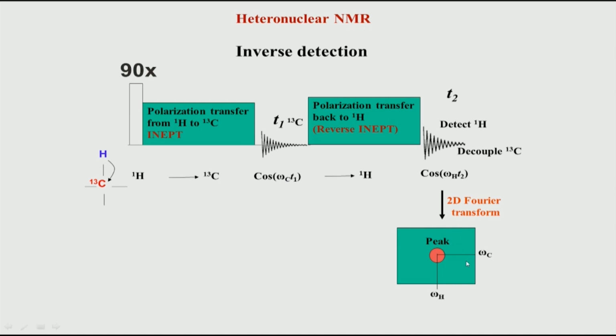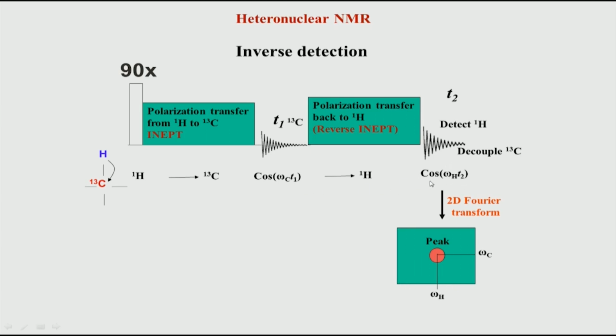now I will get omega C in the y axis, because during T1 omega C evolves, and the F2 dimension is now basically coming from the proton. Because of this factor here, the second dimension is omega H, because during T2 omega H evolves.